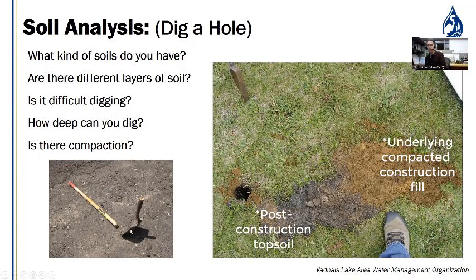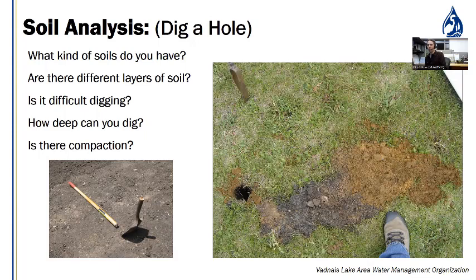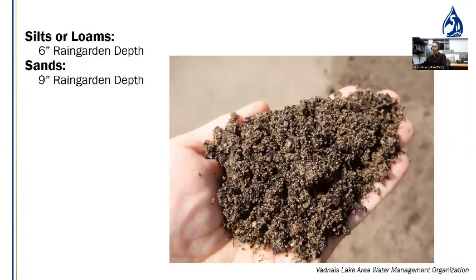And sometimes that gets very compacted. Worst case scenario, you'd be breaking a shovel like that, and that can be kind of a painful experience. But for interpreting your soil, we want to have about 6 inches of that silty, loamy soil.